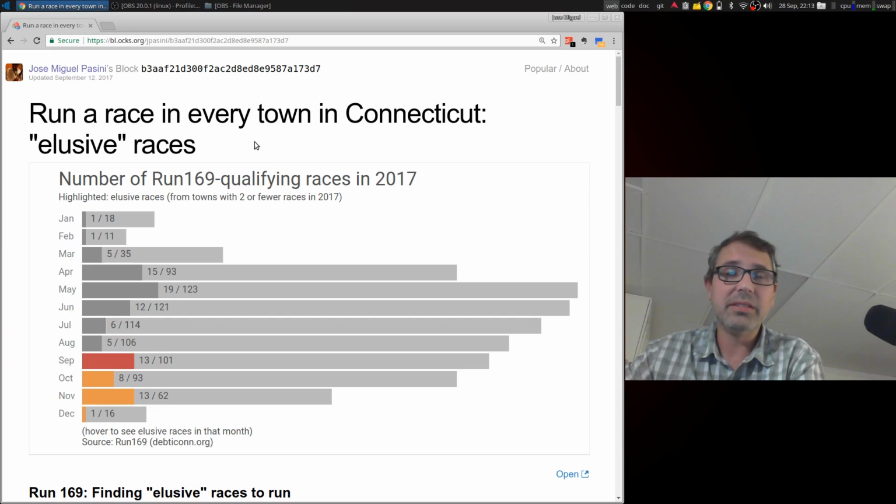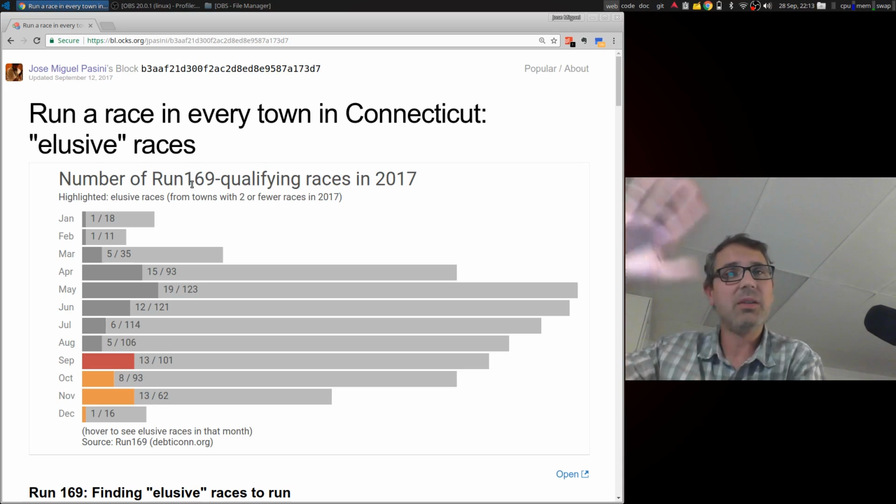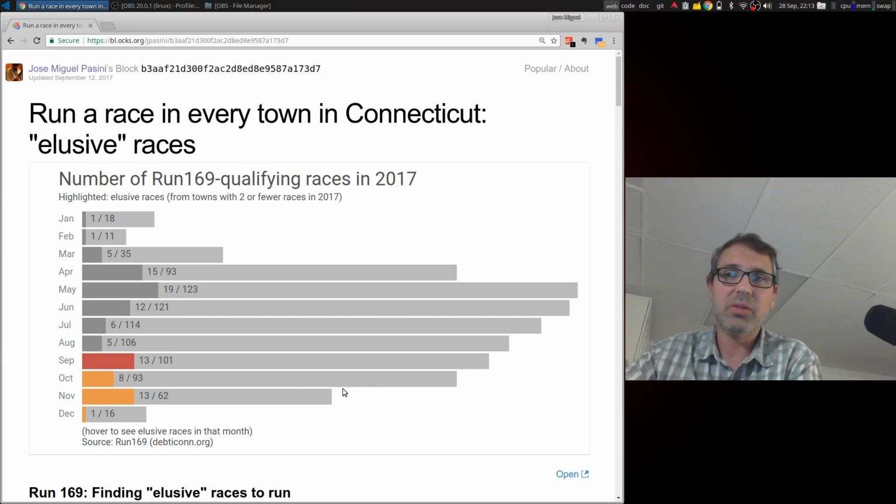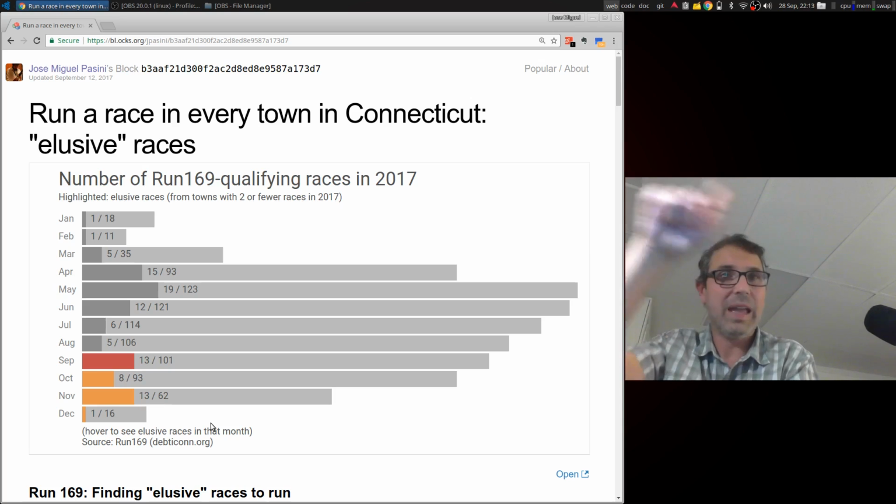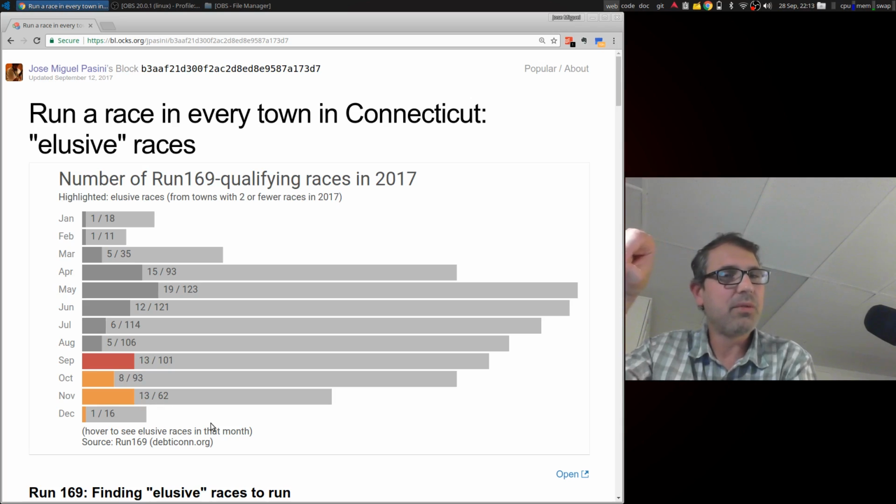And the idea is, I wanted first to give a sense of how the number of races that are valid for this Run 169 varies throughout the year. So this is the bar chart here. But I also wanted to see, if I want to do every town, there are towns that have few races.